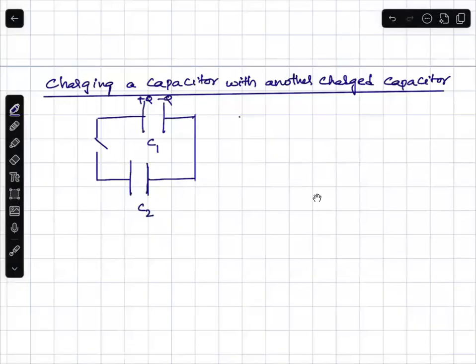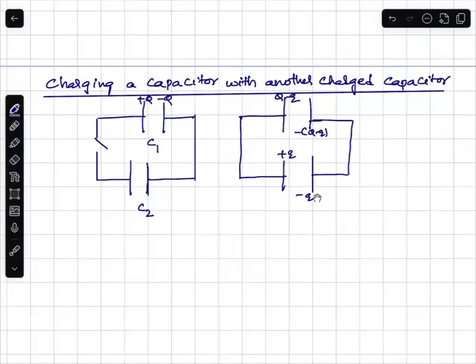So what will happen finally is this capacitor will lose some charge, and this capacitor will gain charge. When you are writing plus Q, you should account the same. Please remember charge is conserved here. And they will attain a common potential also. What is the common potential? Total charge by C1 plus C2.